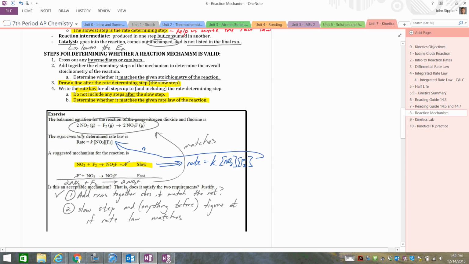Okay, that matches. So check. If that works, our rate law matches just looking at our slow step. We can say the reaction mechanism is acceptable.